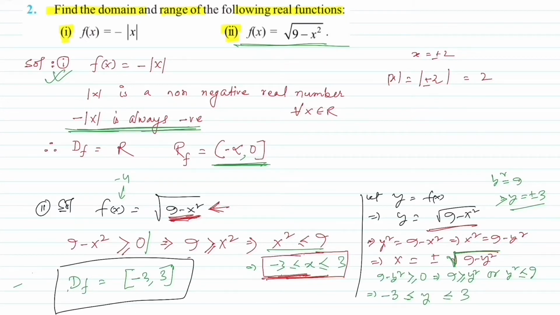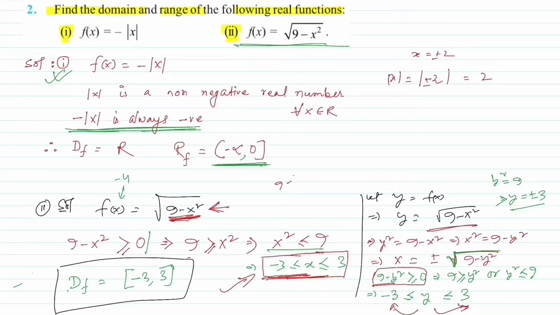Then only this condition, 9 minus y square greater than or equal to 0, will be satisfied. As I have already explained, if 9 minus x square is greater than or equal to 0, then x is greater than or equal to minus 3 and less than or equal to 3. Let me tell you again.